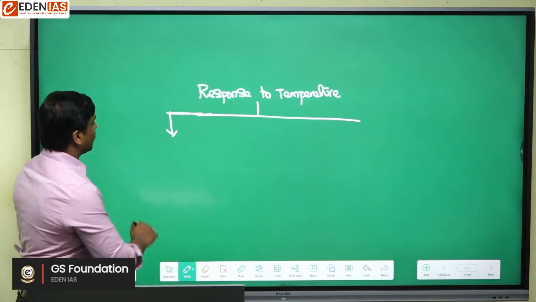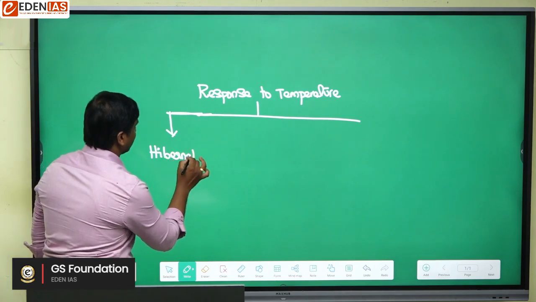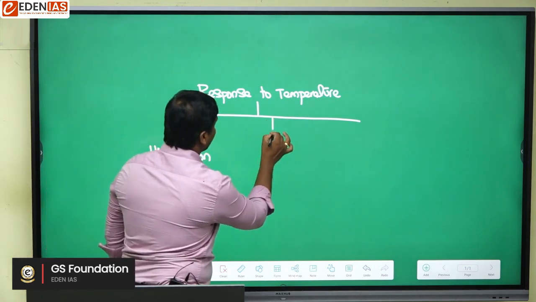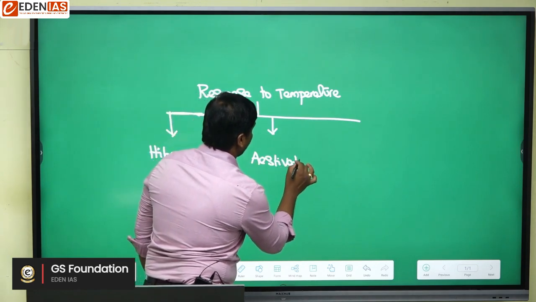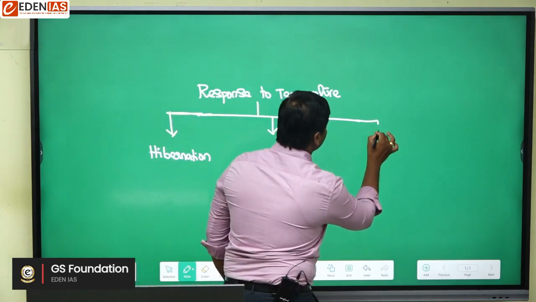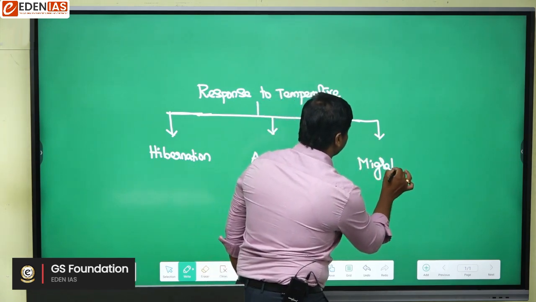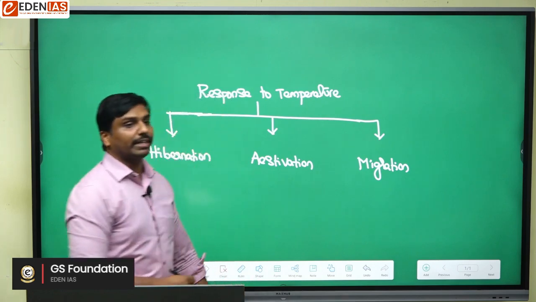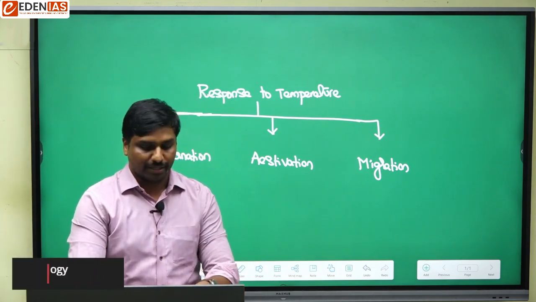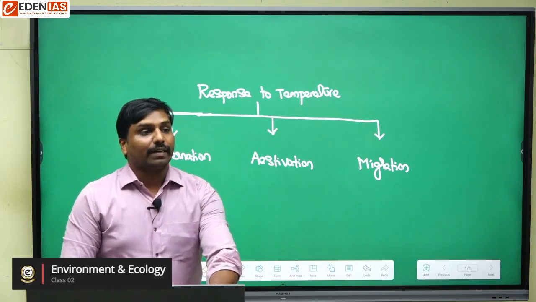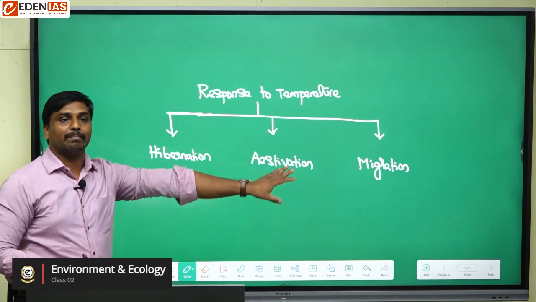One such response is known as hibernation. The next one is estivation, and the next response would be migration. Temporarily they will show some sort of response to the temperature.